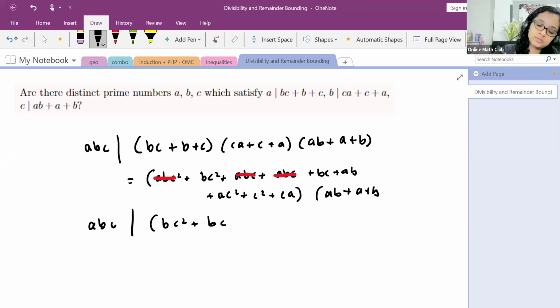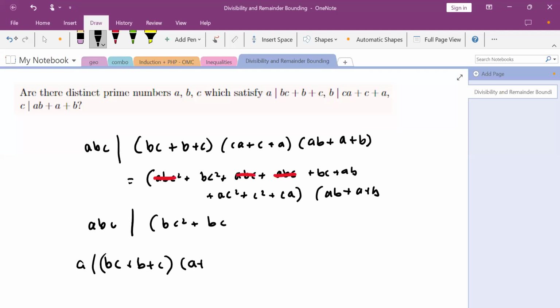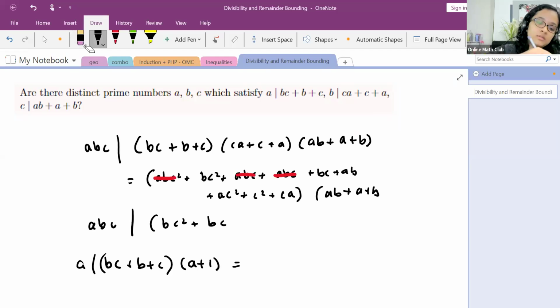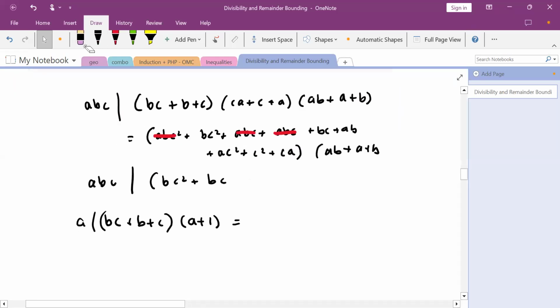Right, so you multiply this by a plus 1, and you write bc plus b plus c as b plus 1 times c plus 1 minus 1. You don't expand it.